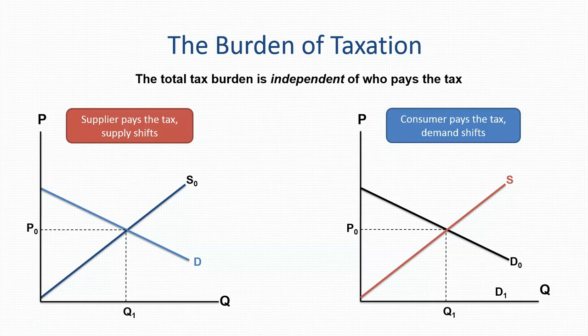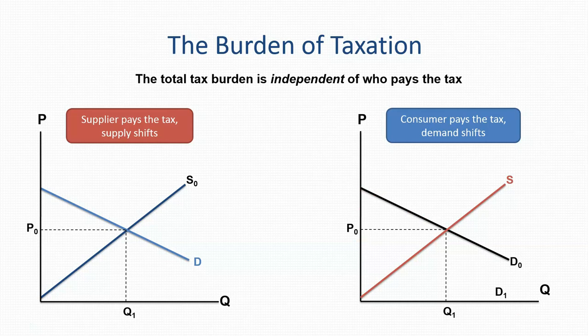Now, before we show these taxes, I just want to note that in both markets, P sub 0 is the equilibrium optimal price that's going to maximize consumer and producer surplus taken together. Consumer surplus is going to be the area for both graphs above that price up to the demand curve. Producer surplus is going to be the area above the supply curve up to that price. Again, that'll be the case in both graphs here.